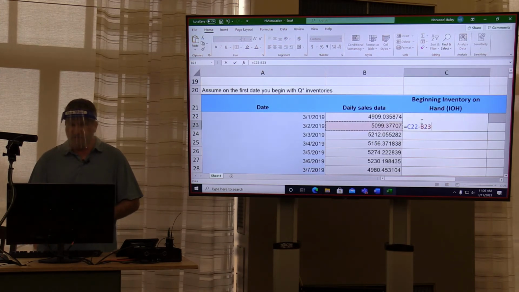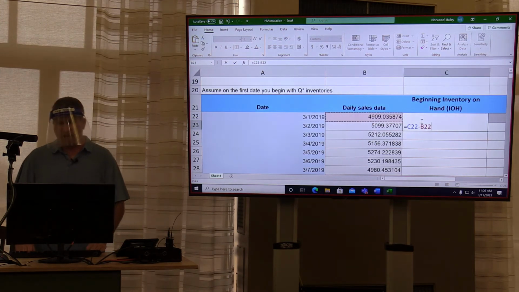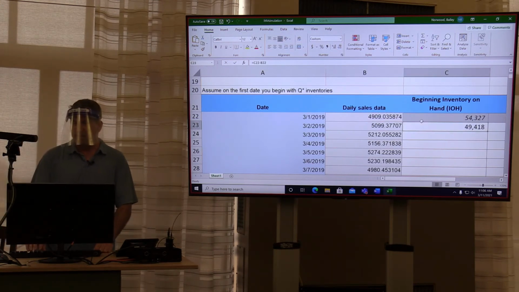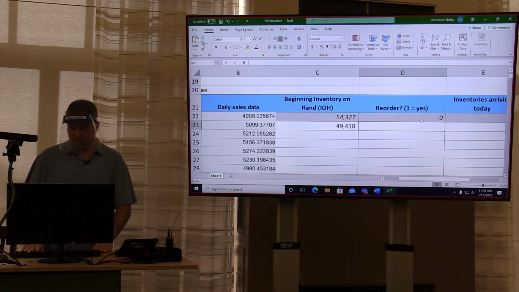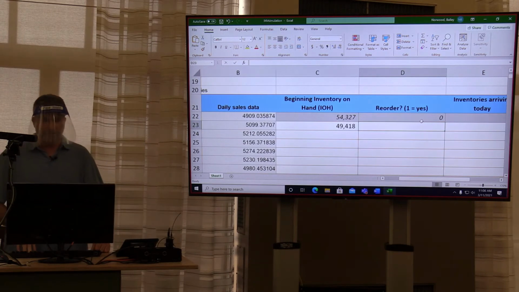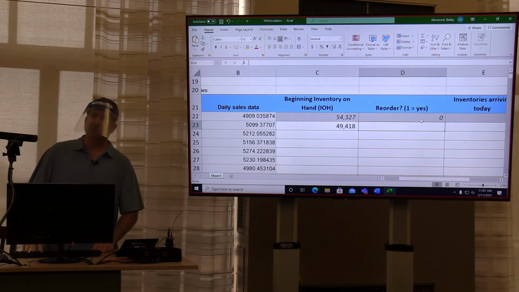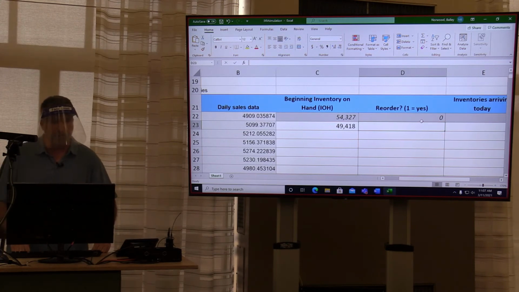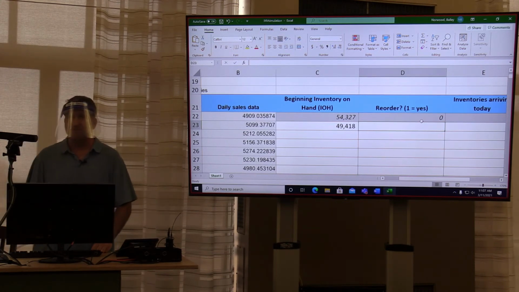And on March 1st, we actually used 4,909 units. So we would have had 49,418. And then we want to have a formula there that says, should we reorder? And the answer is no, because the reorder point was something like 25,000.